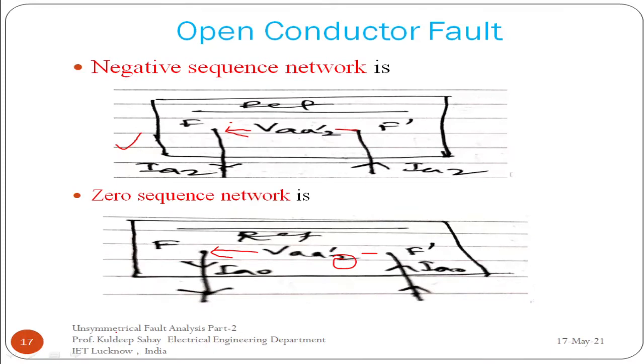So voltage will appear across the open terminal, and if it gets open, there will not be any flow of current in that phase.